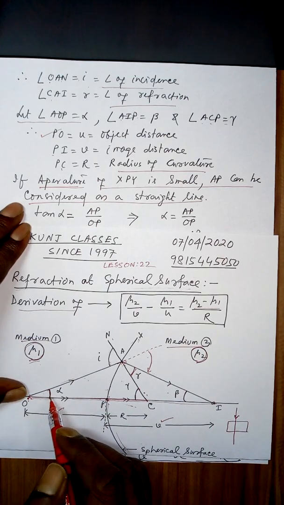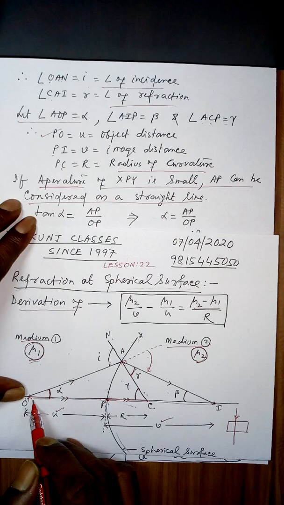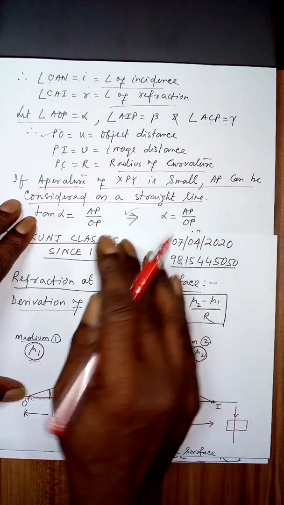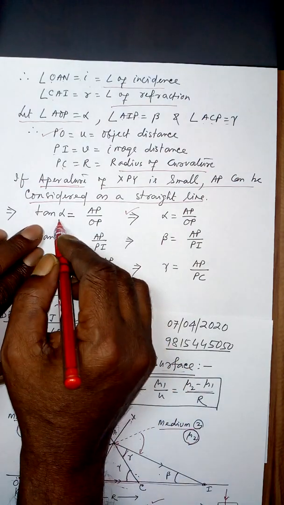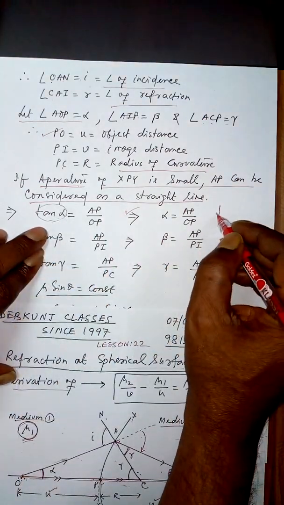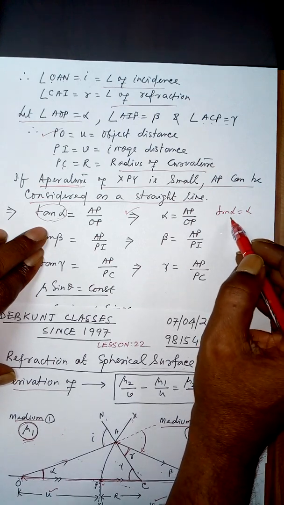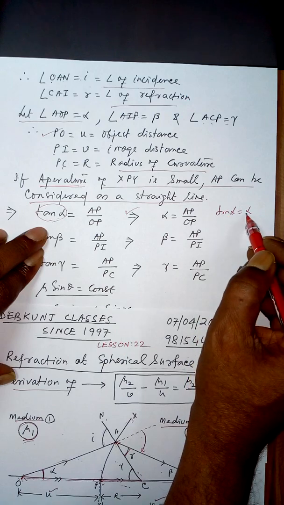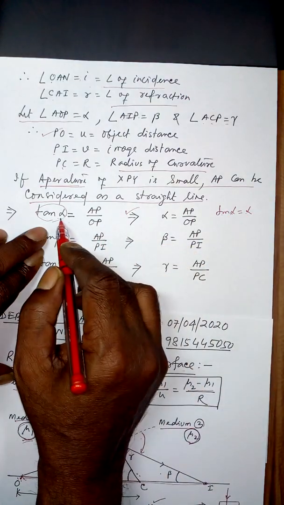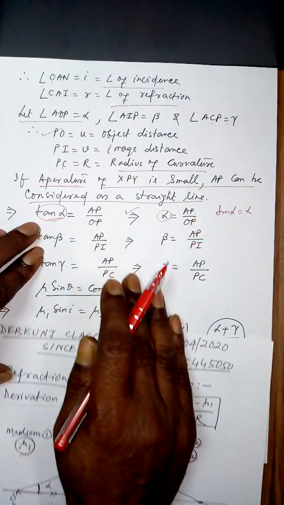Therefore tan alpha is equal to AP over OP. For small angles we know tan alpha is equal to alpha, because if alpha is small, that is nearly 0, tan 0 is equal to 0. So tan alpha is nearly alpha, so alpha is equal to AP by OP.